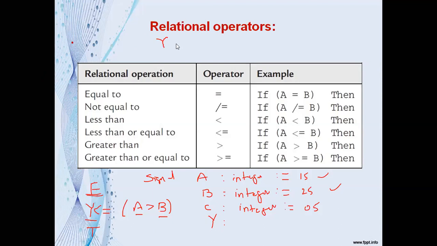Let y be a greater than b, first condition, and then you are testing a logical OR operation with another condition, a less than c. This is the signal assignment statement, concurrent assignment statement. Y is assigned with this functional value.